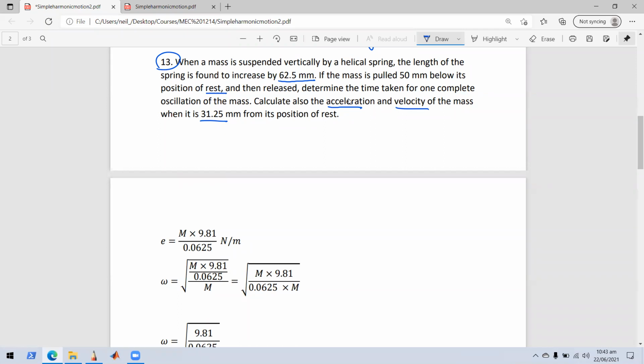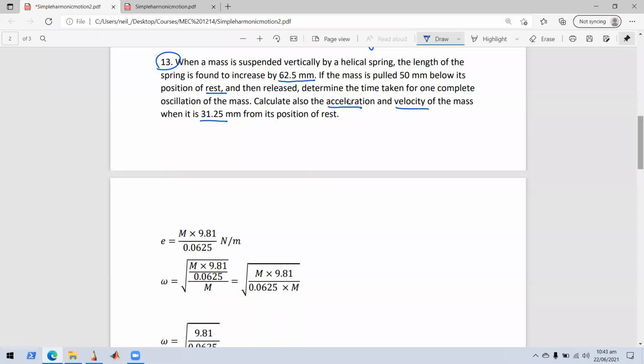All right, there's a lot of things going on. So one, they didn't give us the mass of the spring. They just said when it holds this mass, it moves 62.5 millimeters, right?